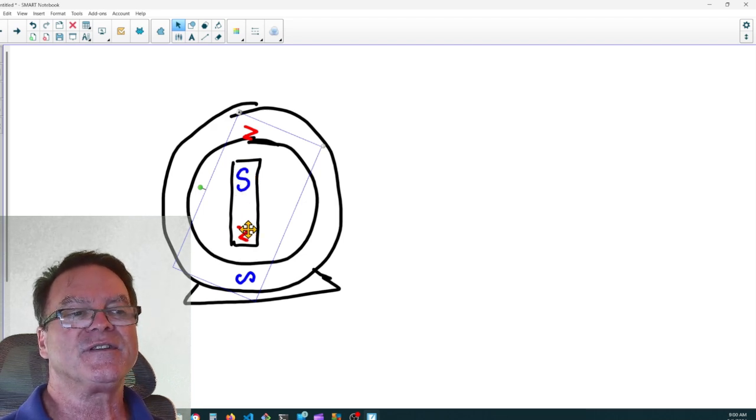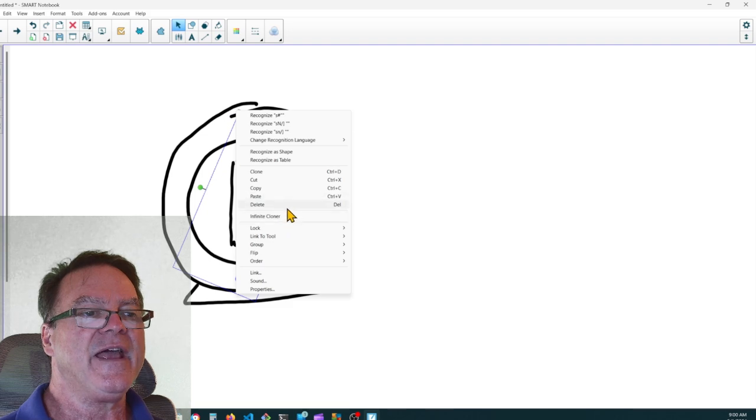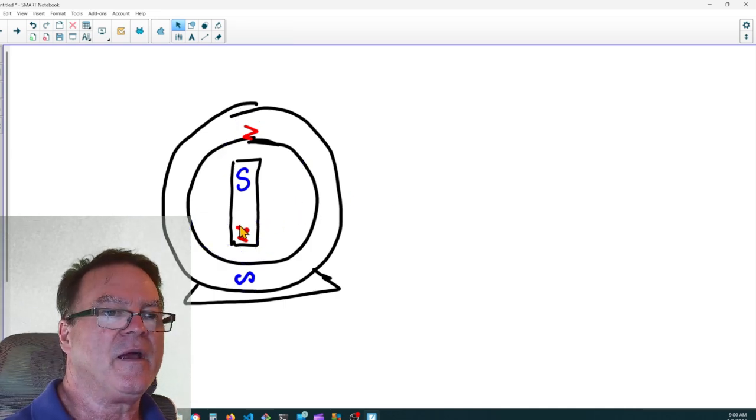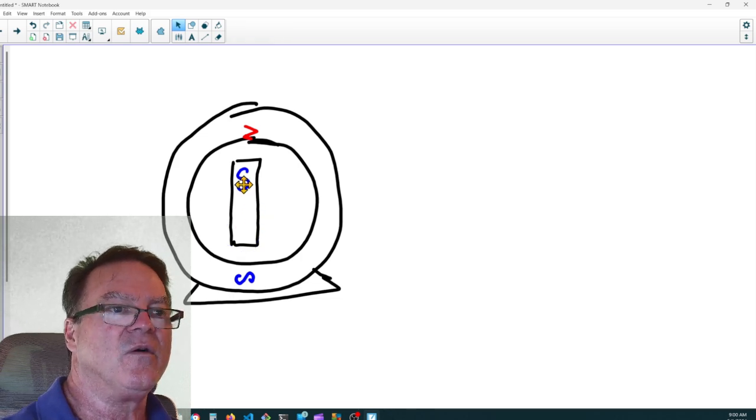And the north and the south in this rotor, they collapse. They collapse. So all of a sudden, they start to diminish. They go away.